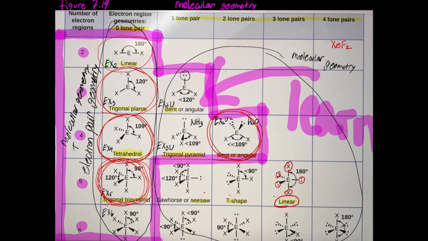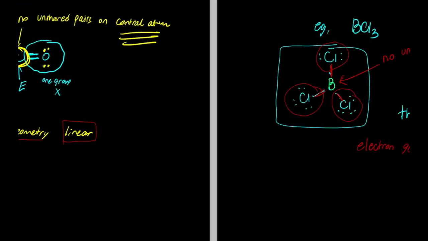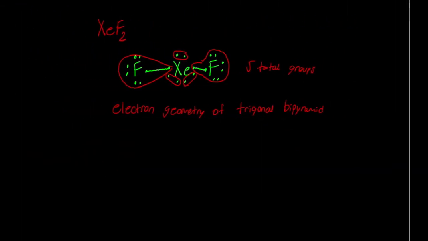So the molecular geometry is linear, okay? And you might have thought maybe it would be bent or something like that, all right?